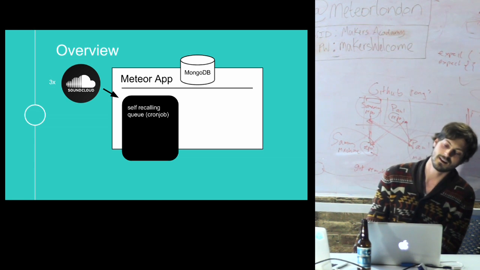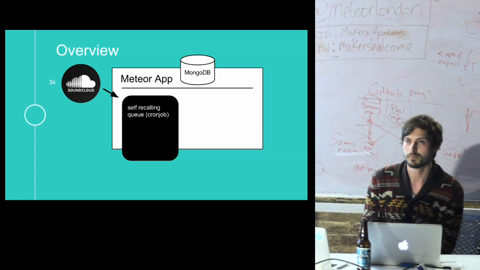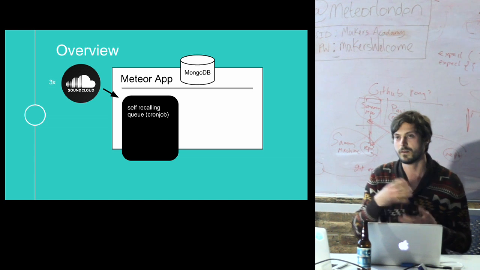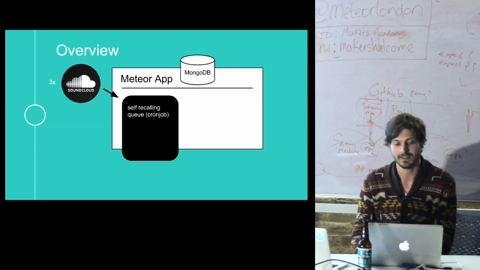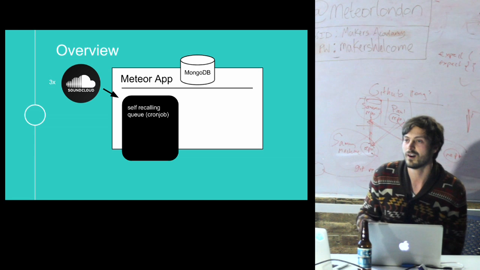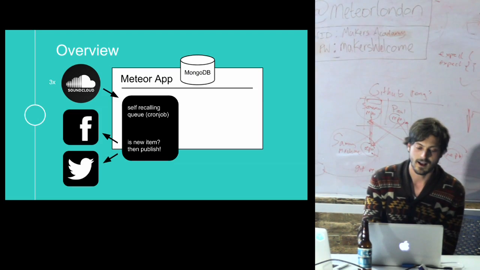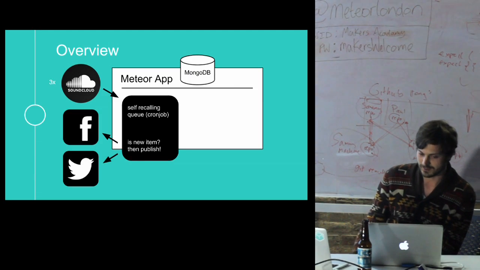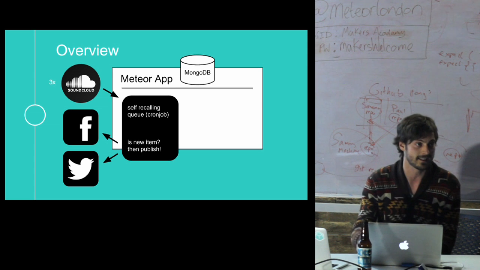I was using a self-recalling queue instead of a cron job, because I wanted a delay of 5 or 10 minutes after each queue process was finished, as I don't know how long it takes, and maybe there are more users or whatever. Then I wanted to distribute that to Facebook and Twitter, ideally when a new song was detected.